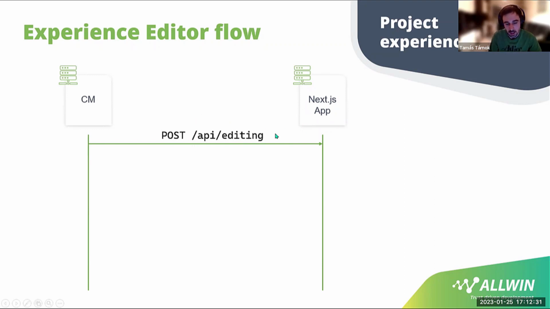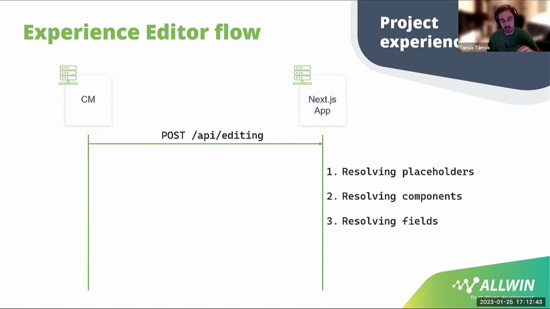There is an API for this, which calls a middleware, and then it resolves all the placeholders, all the components, and all the fields. So you get back the content with the HTML, and this is what's rendered inside the content management server.